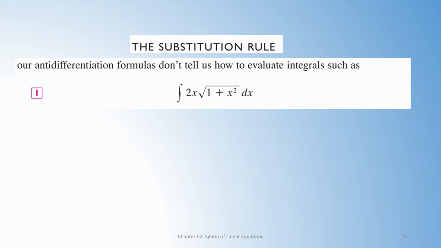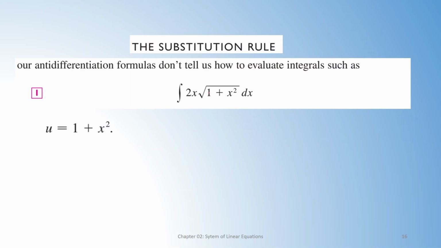And if you have some integration like 2x square root of 1 plus x squared dx, the usual integration formulas that we have discussed in the previous lecture are not working to evaluate such an integral. So therefore we need some other technique to obtain the integration of this kind of problem.